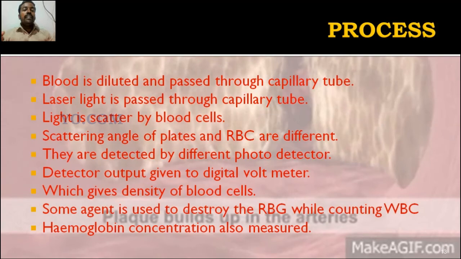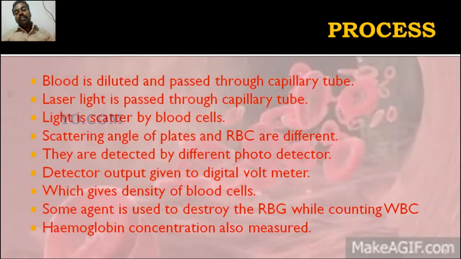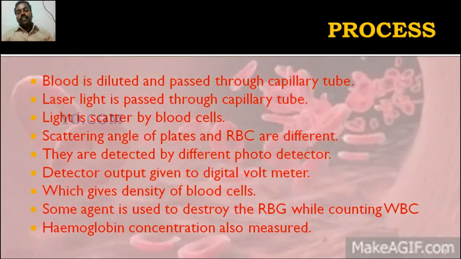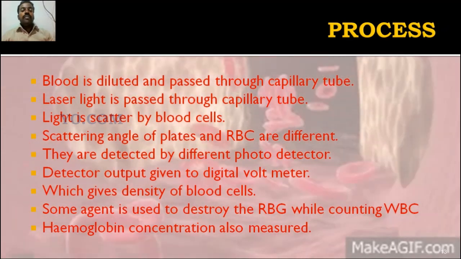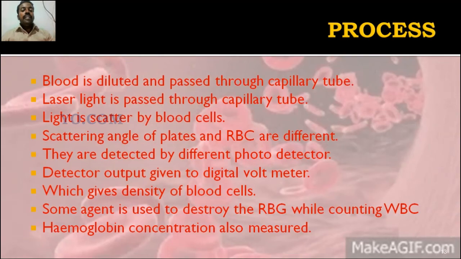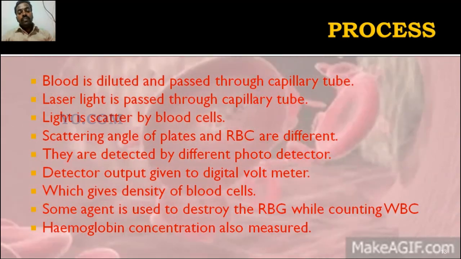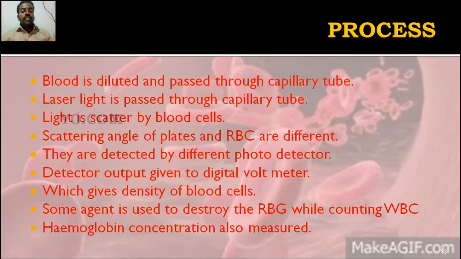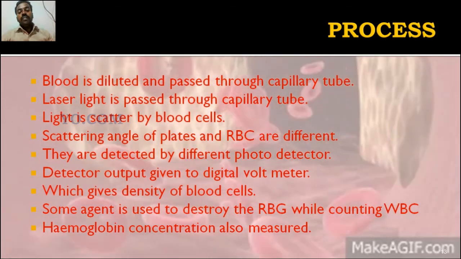The scattering angles of platelets and RBC are different. They are detected by different photo detectors. The detectors' output is given to a digital voltmeter, which gives the density of the blood cells.